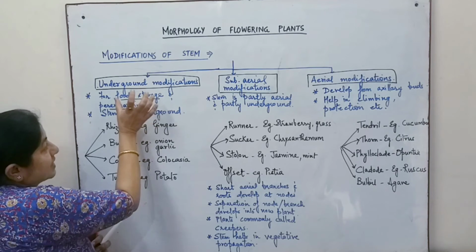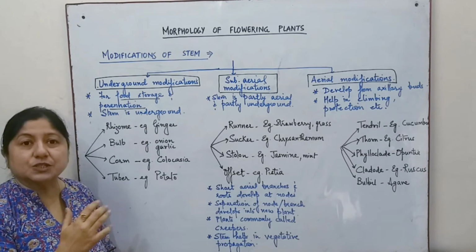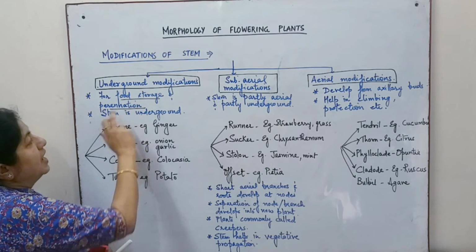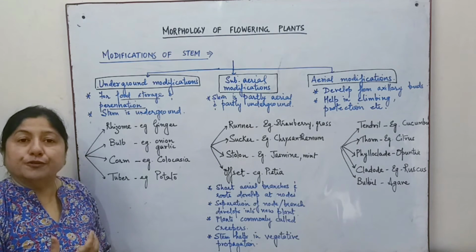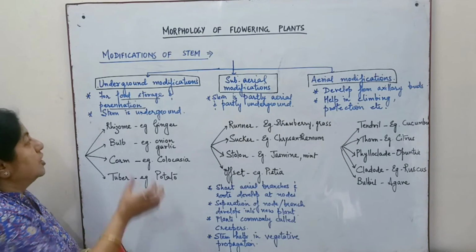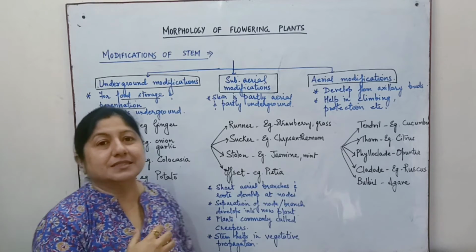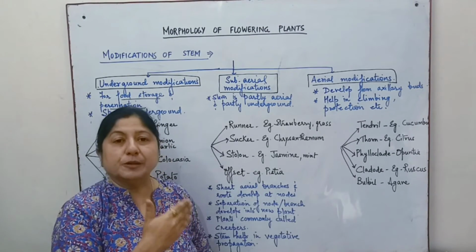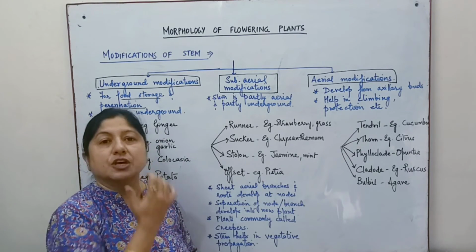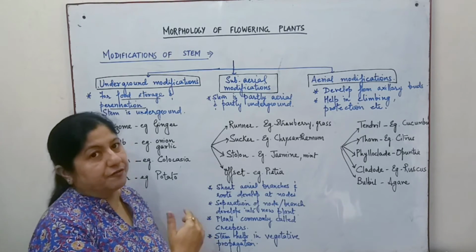So the stem acts as a site where the food is being stored, and this stored food is utilized mainly during the unfavorable condition. Perennation means that the stored food is helpful for the plant to survive through the unfavorable condition.